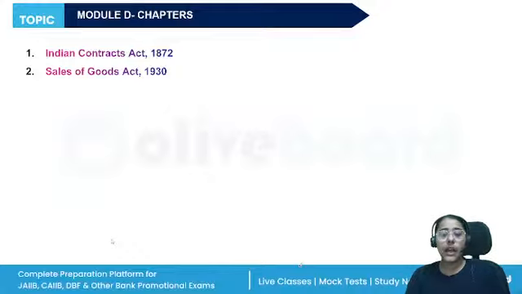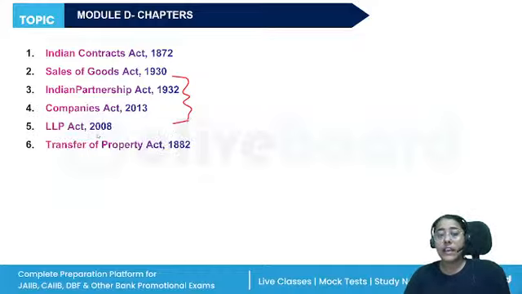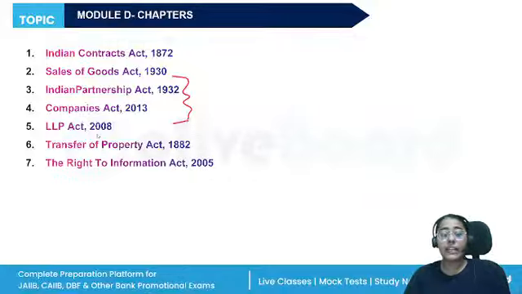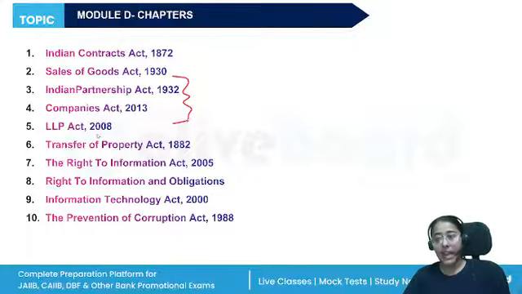Then you have the Partnership Act, Companies Act, characteristics of the partnership firm, of the companies, directors, members, registered office, memorandum of association, articles of association, limited liability is also there, the LLP Act, Transfer of Property Act, Right to Information and Information Technology Act, and finally the Prevention of Corruption Act. So these are there in your module D.